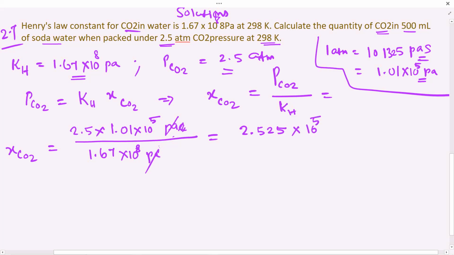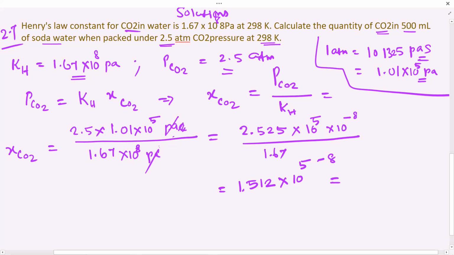If you bring this 10^8 into the numerator, it will become 10^-8, divided by 1.67. So the value is 2.525 divided by 1.67, that is 1.512 × 10^(5-8).